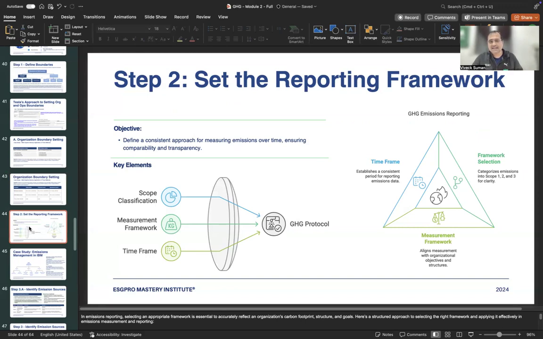Step 2 is setting the reporting framework. Here there are 3 parameters you need to consider; the triangle on the right-hand side gives you the selection criteria. The first selection is framework selection. Based on the categorization of emissions which you are reporting, you will select the framework which helps you the most to calculate it.